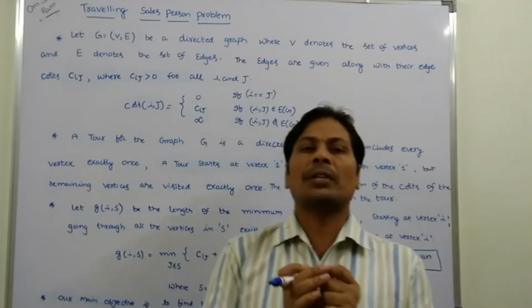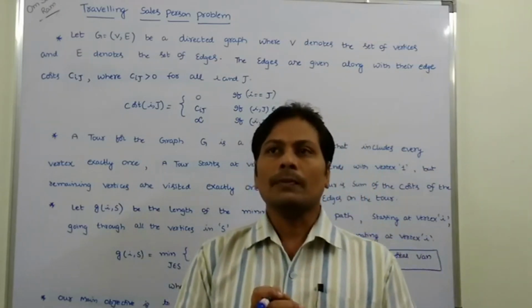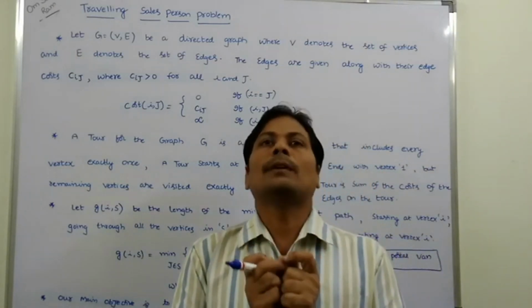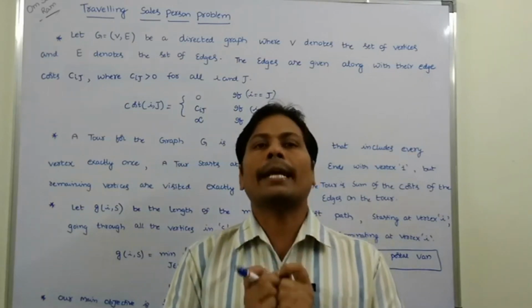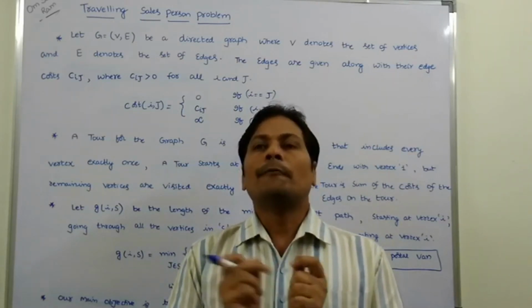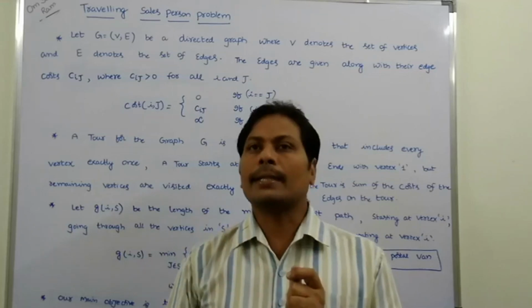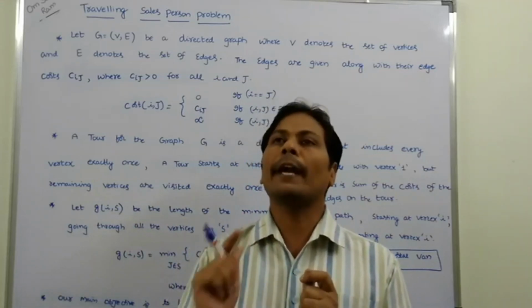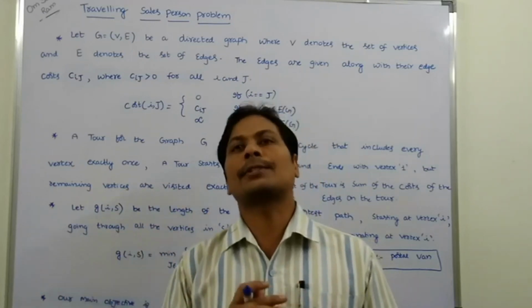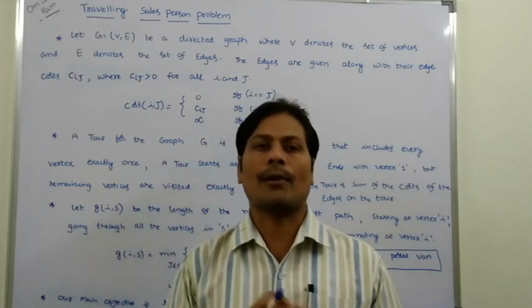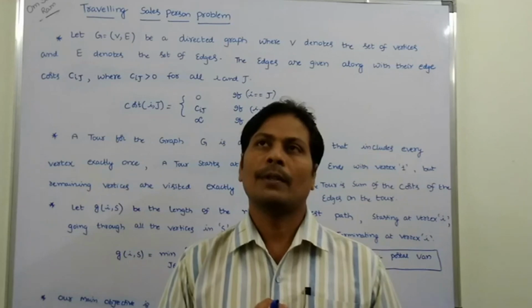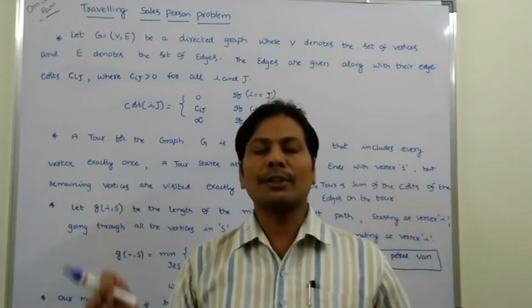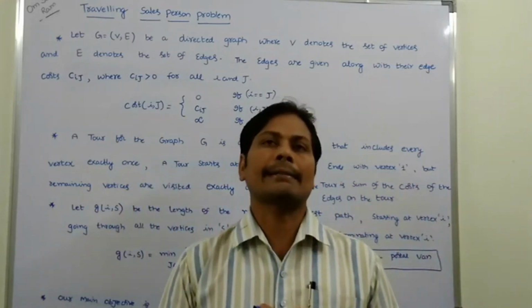Our main objective is that we start from one single vertex, visit all the vertices in the given graph exactly once, and finally reach the destination vertex, that is the starting vertex. So here this is one tour. This is a directed cycle.